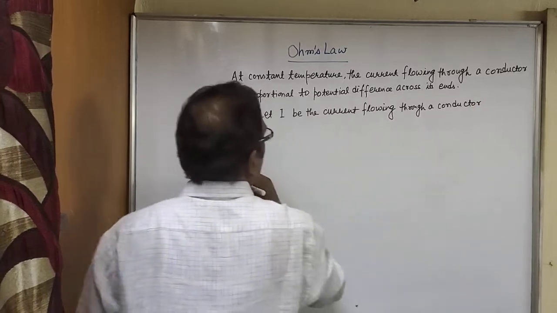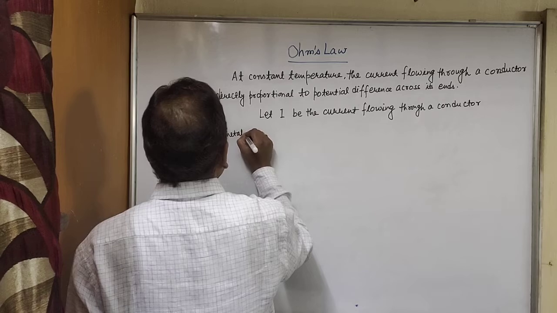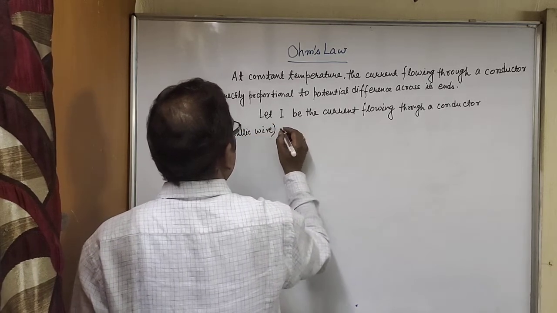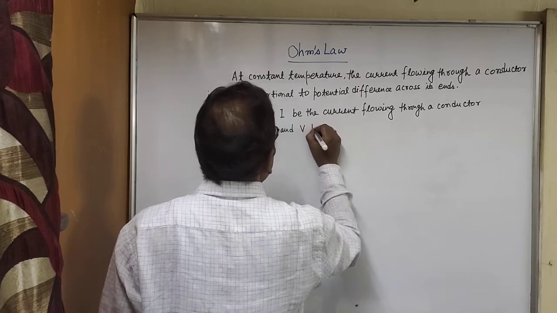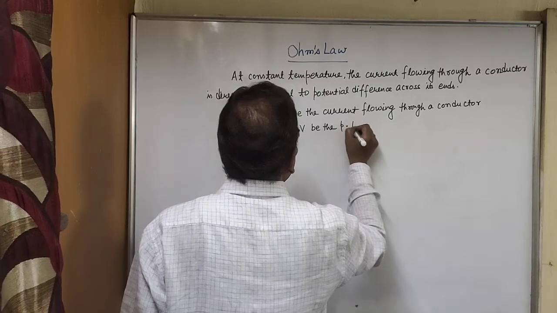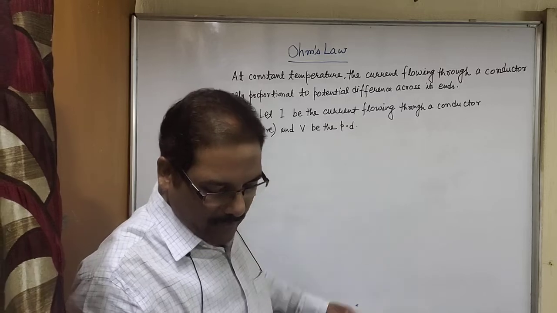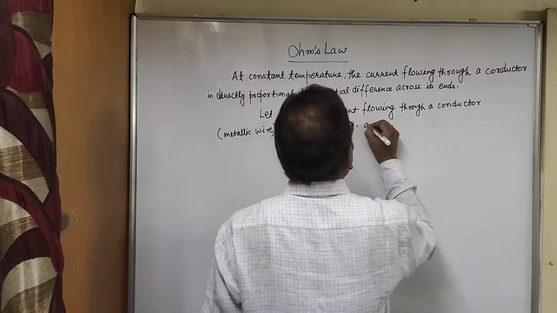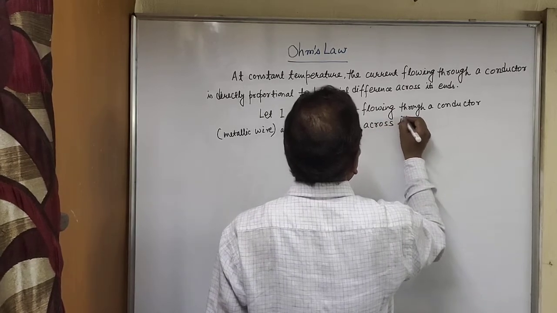Conductor means metallic wire, you can write metallic wire. And V be the potential difference. I am writing P.D. for potential difference across it.